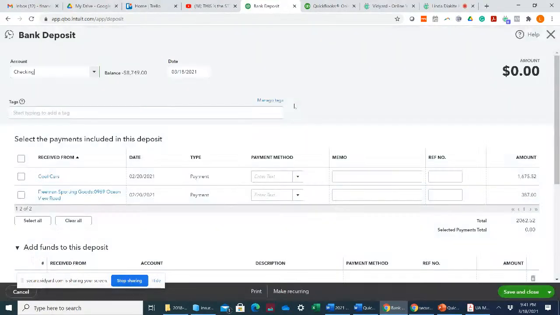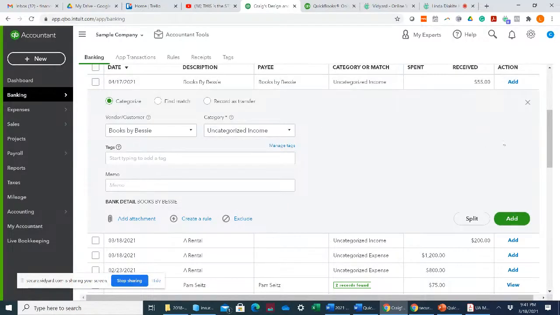Maybe you just want to make one deposit for the week, maybe every 2 weeks. But I would probably recommend, if you can, make the deposit every week. Because what can happen is if you go back and look at your financial reports, they won't be updated in a timely manner. So if you just want to record those on a weekly basis.